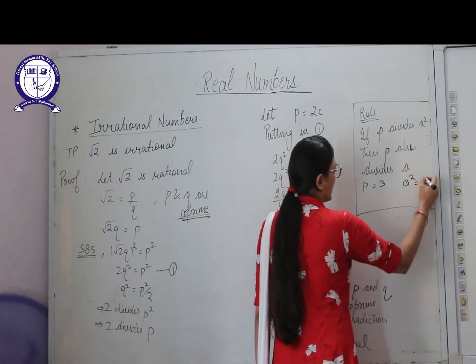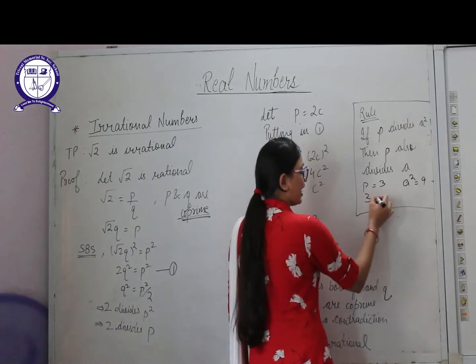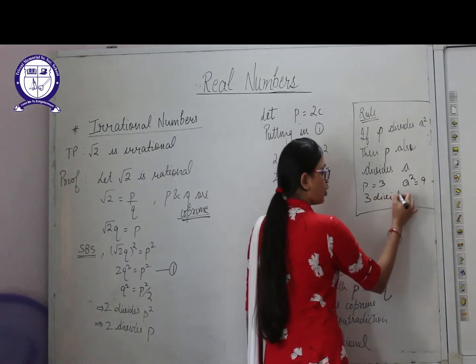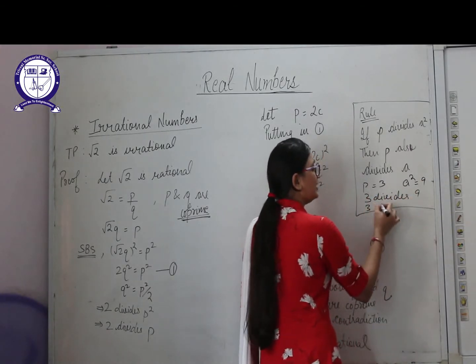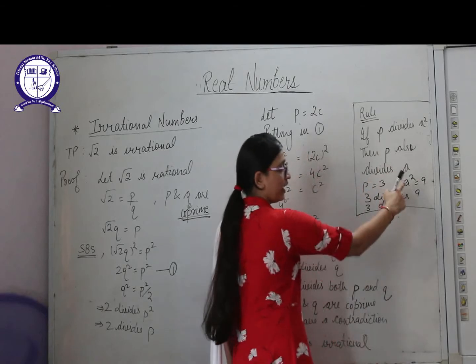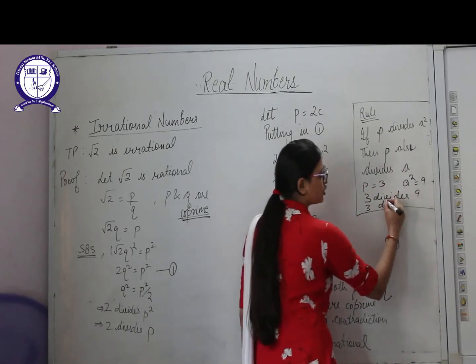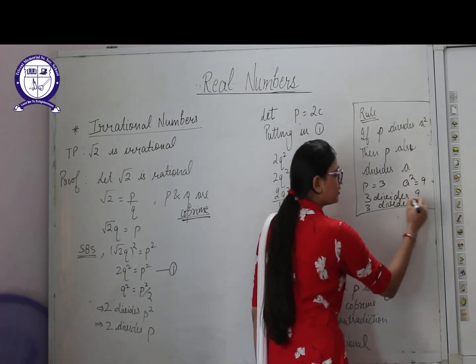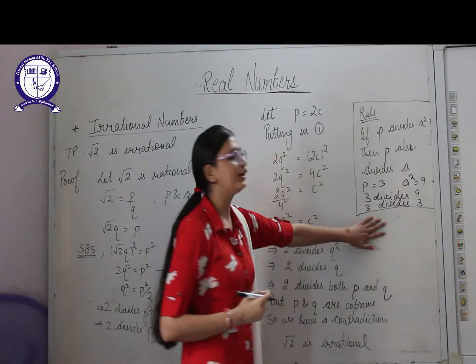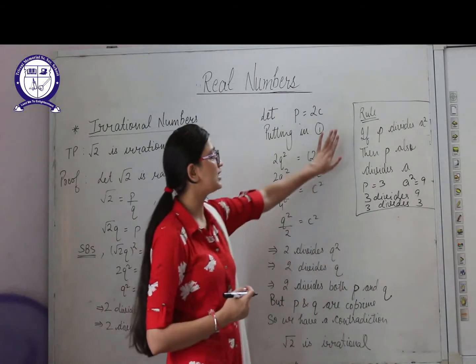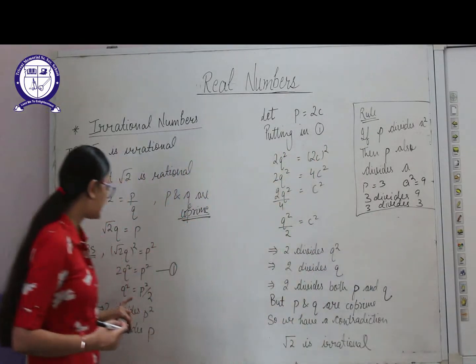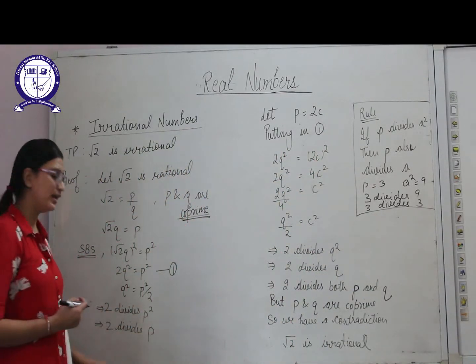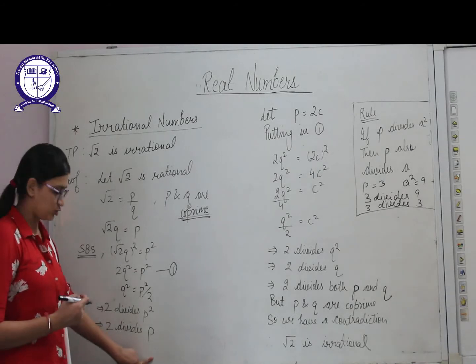For example, if p squared is 9, then 3 divides 9, so 3 also divides 3. We can take plenty of examples like this. So we are using the rule that if 2 divides p squared, then 2 divides p also.